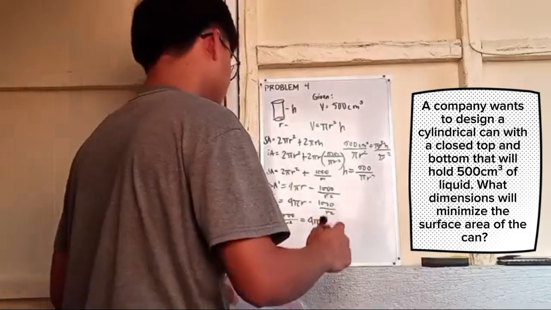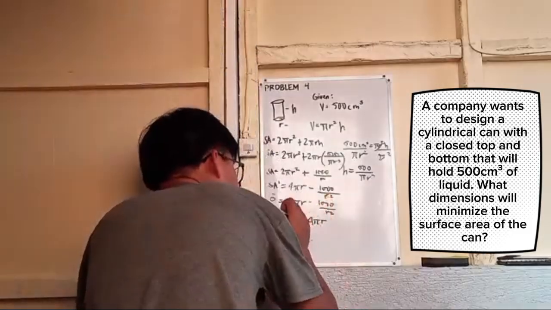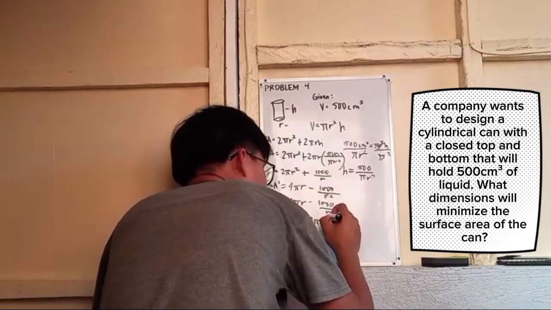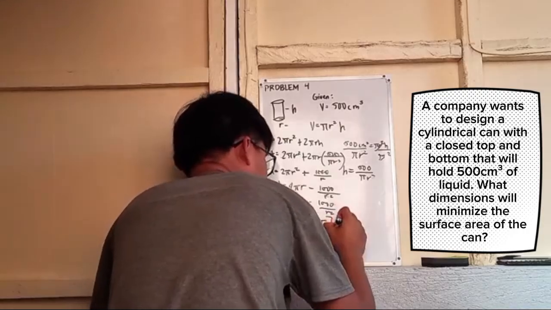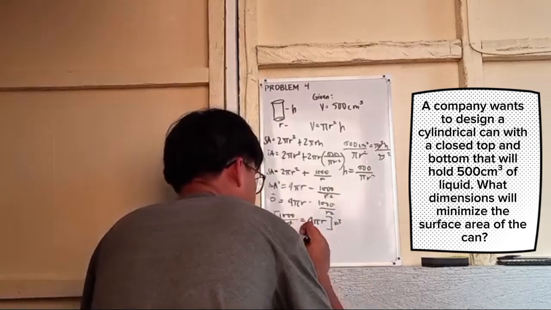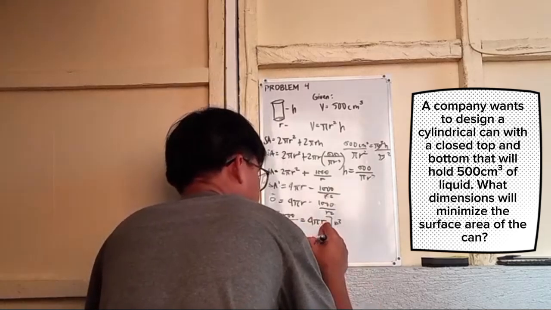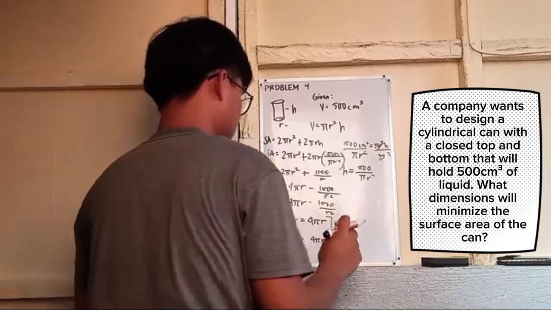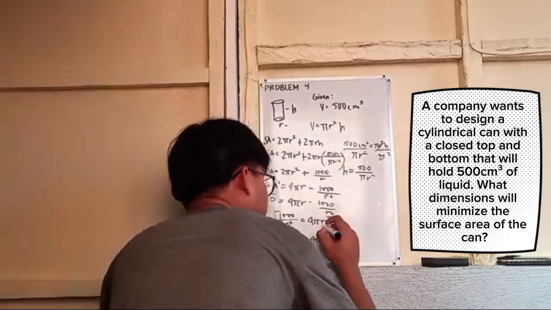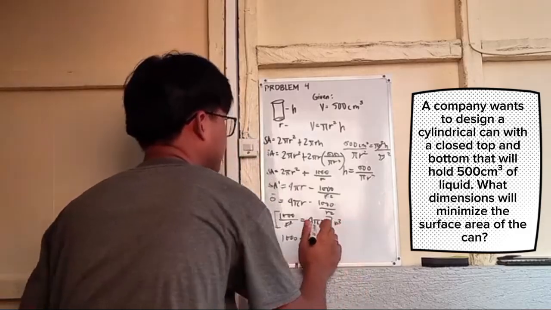So proceed to multiply both sides by r squared. The r squared cancels. 1000 is equal to 4 pi r cubed.